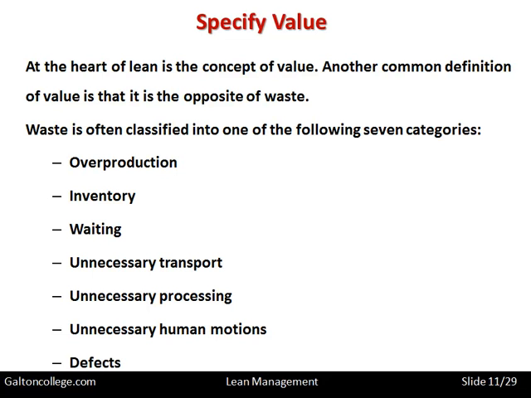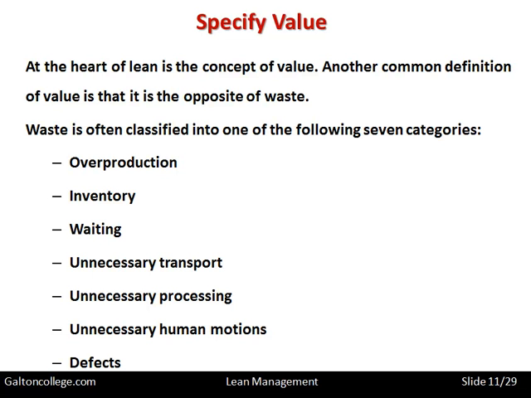And of course, defects are complete waste. Defects are very destructive in terms of the system and the business itself. Defects represent not just raw materials, which are now useless, but they also represent effort and work that's gone into processing the raw materials, which now proves to be defective.